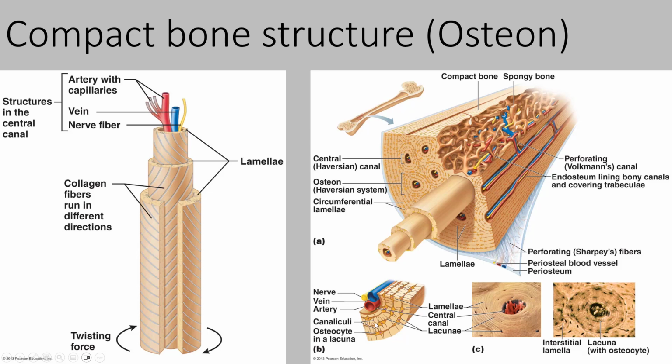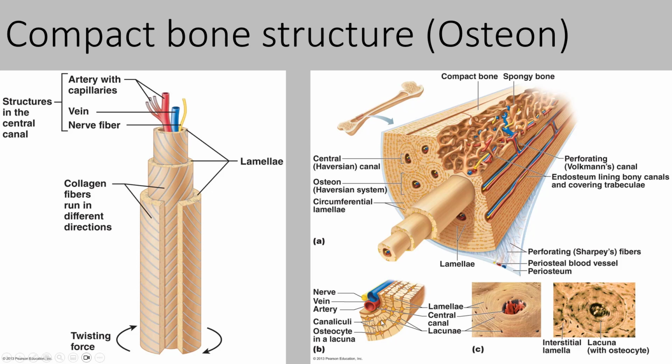Now here, down here in the bottom left of the right image, we're zoomed in even more. This is one layer of a lamella, and another layer of a lamella, and another layer of a lamella. Here we can see within some bone cells. These are those trapped cells, the osteocytes.